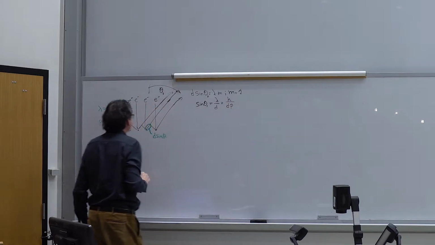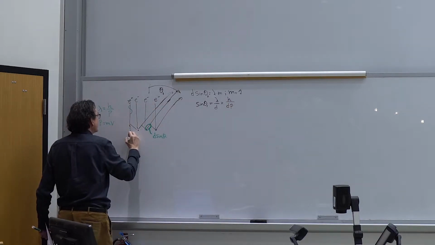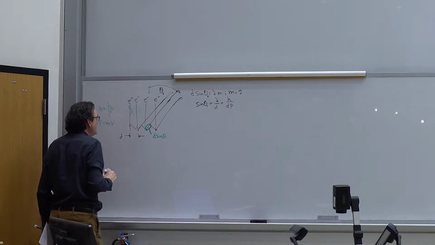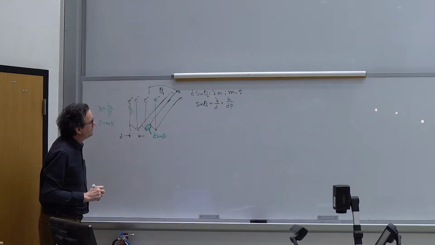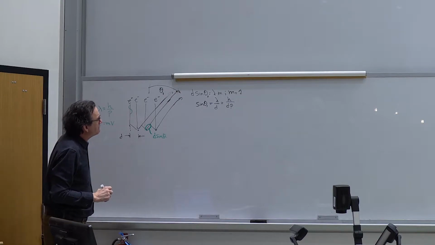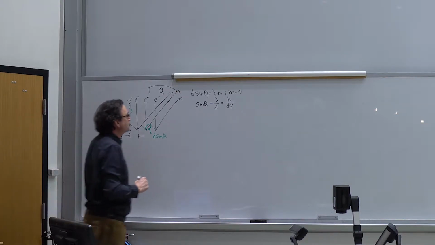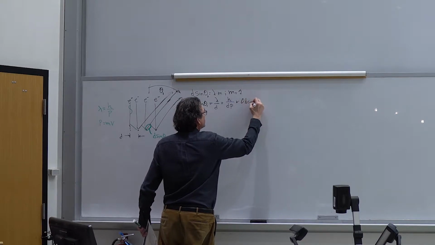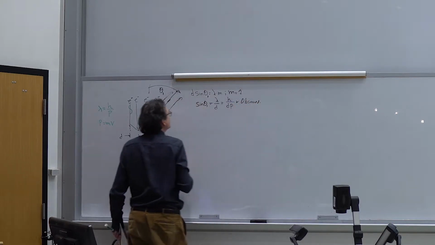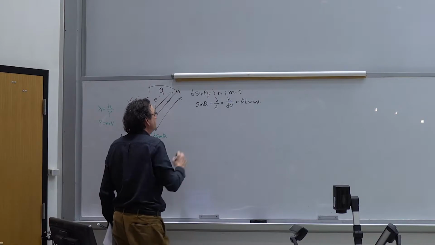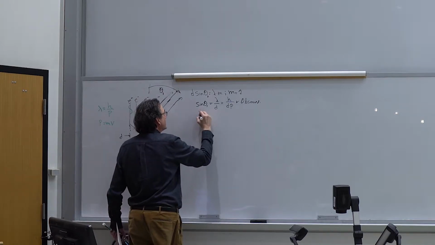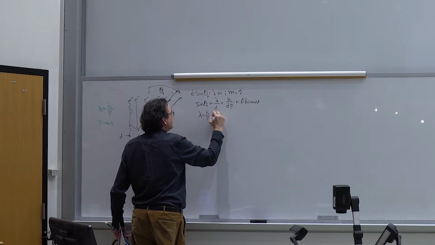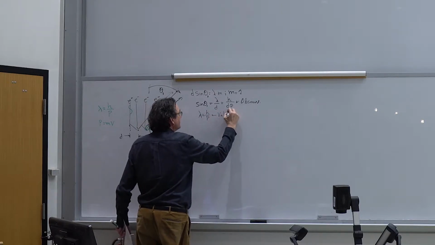And d, of course, is the spacing between the atoms, much like a diffraction grating. So this was a confirmation, and of course, this was observed, and this led to the conclusion that lambda equals h over p is in fact a valid assumption.